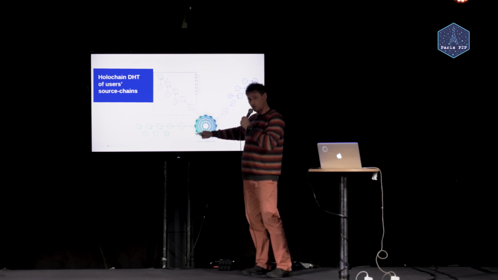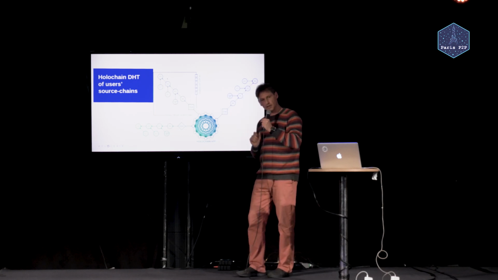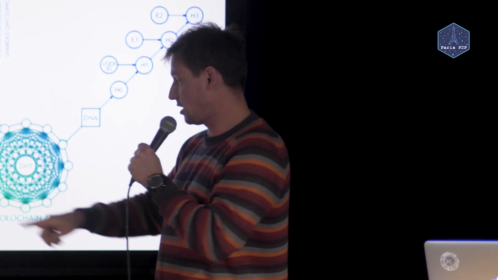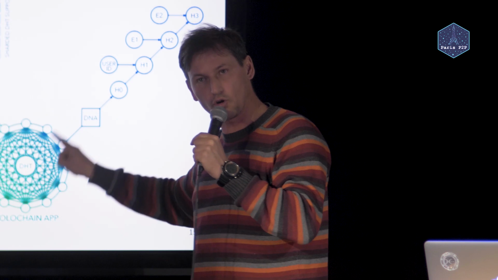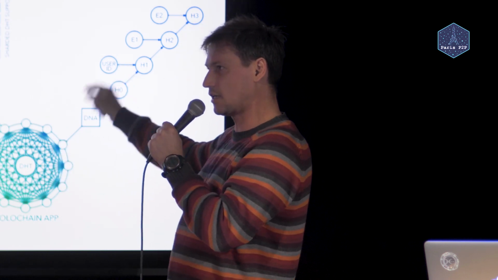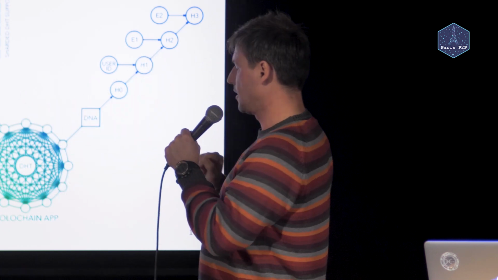Some of them have to store it, and whoever decides to store it has to validate it. They run the validation. They say, oh, OK, there was a word cat. Great, I can store it. So next time somebody requests the information, they can be sure that this information actually adheres to the rules of the program.